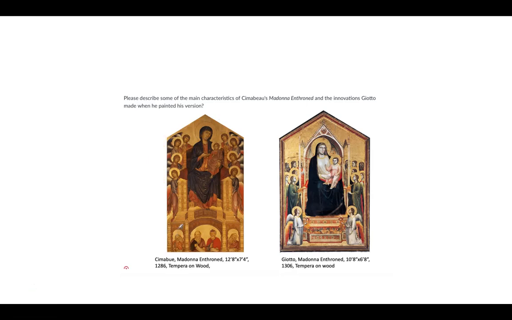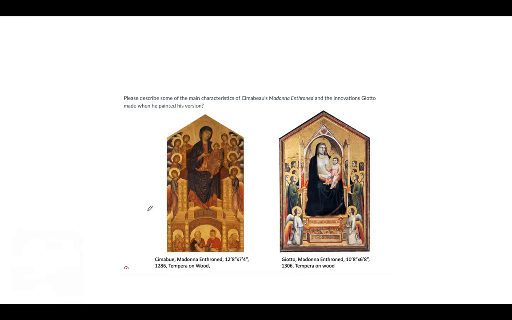The throne is not really making any attempt at perspective. It's like perspective is kind of an idea at this point in this painting. It's not really mathematically determined. If you look at the chair, you know.